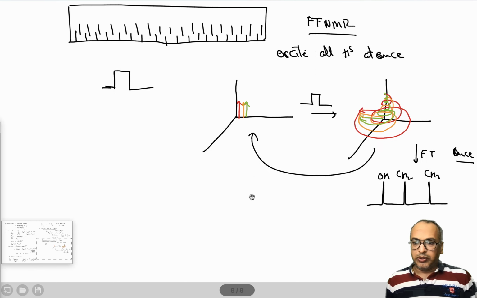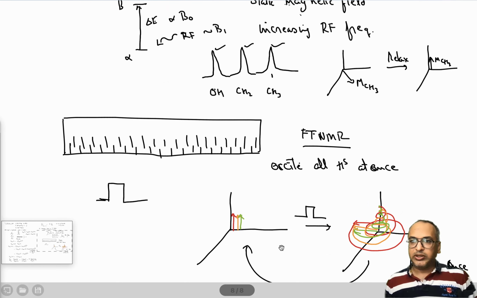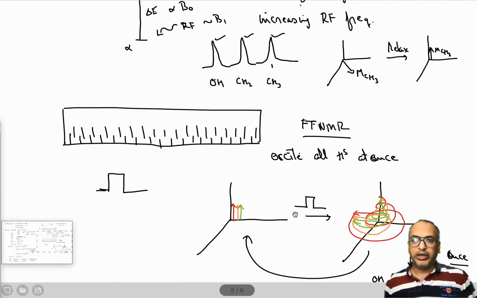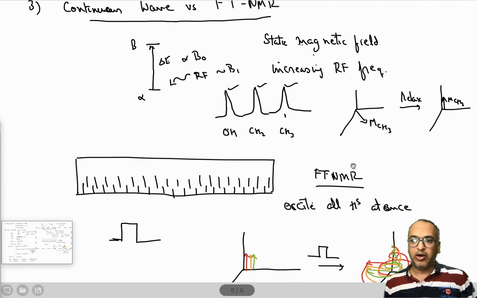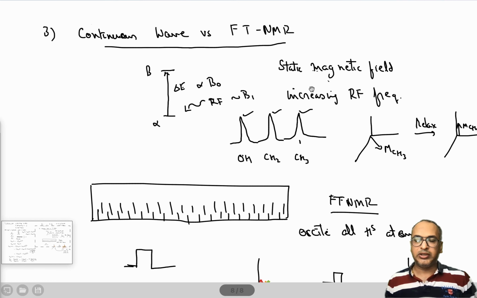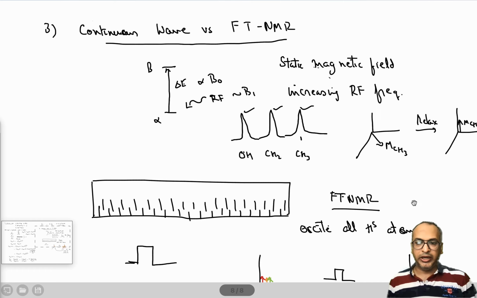Okay, so I hope this concept of Fourier transform NMR is now very, very clear, that Fourier transform NMR is really time saving when compared with continuous wave. So continuous wave was the technique used in the initial days when NMR was being developed, and after I think the late 60s, Fourier transform NMR has been in use.